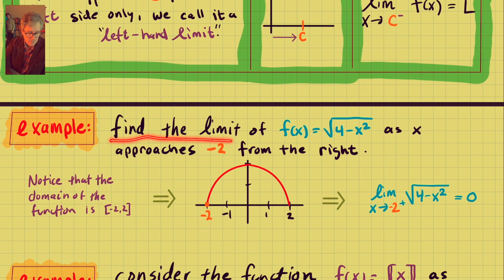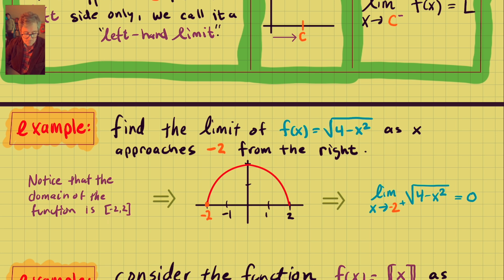Let's try to find the limit of f(x) equal to the square root of 4 minus x squared as x approaches -2 from the right. You may recognize from algebra that this is the graph of a semicircle. The domain here is -2 to +2.